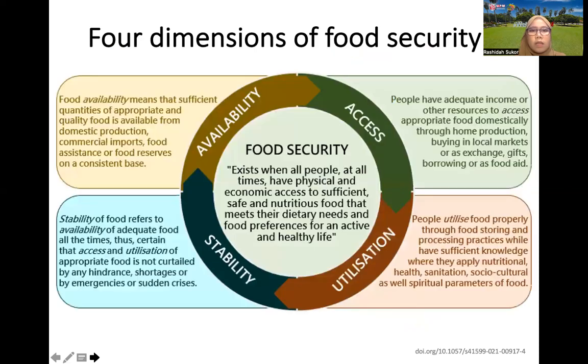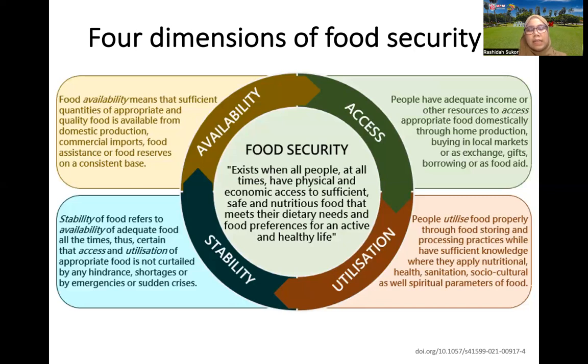This one is more detail on the 4 dimensions of food security. Let's go to availability. First, we define what food security is. Food security means that all people in the world, at all times, have physical and economic access to sufficient food.